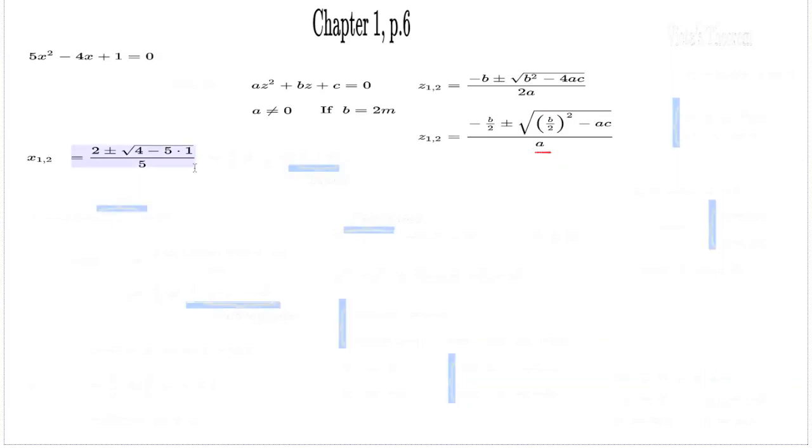Now, it's a very simple expression, you can finish it easily. 2 on 5 plus minus i came into our consideration because 4 take 5 is negative 1. And that's all there is to this example.